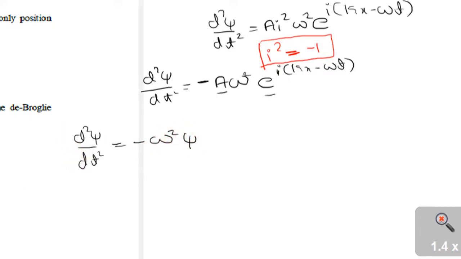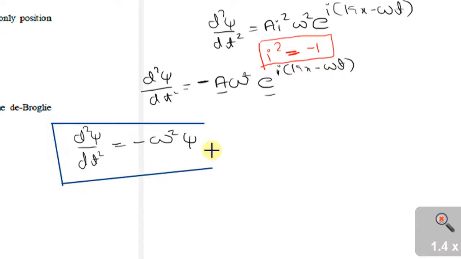Keep it inside the box because it is an important equation, and name it equation number 3.